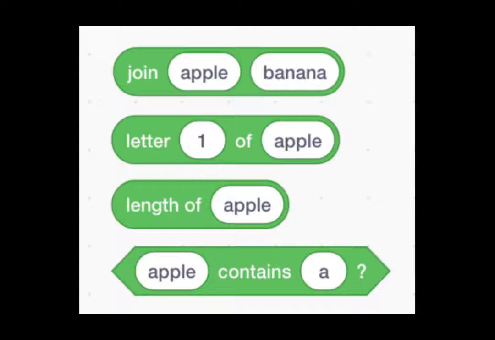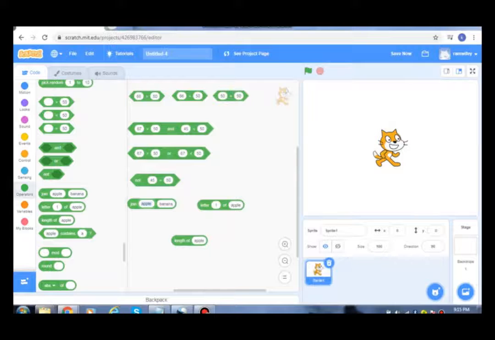Let's learn string functions. In string functions, we have join, letter, length of. In join, it will join two strings. The join operator will have two strings. It will join the two strings. Here I am changing the first string.